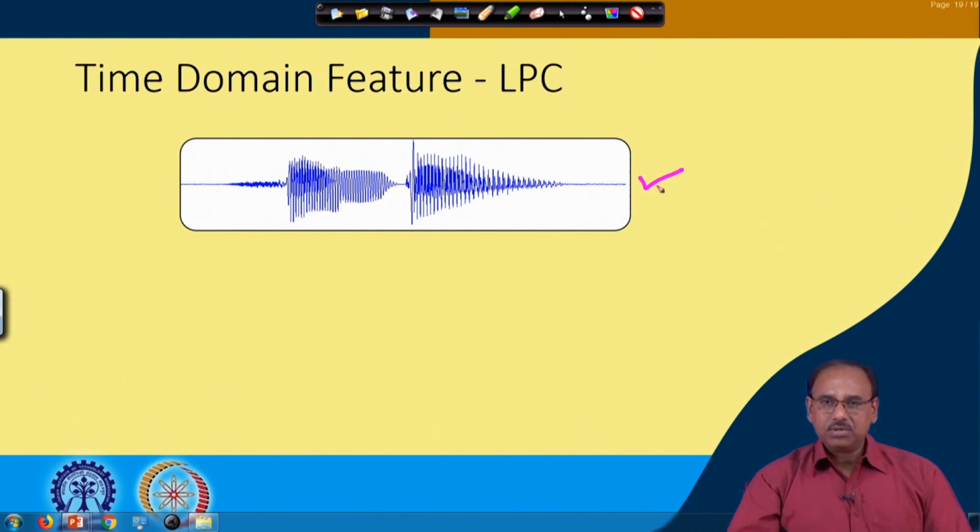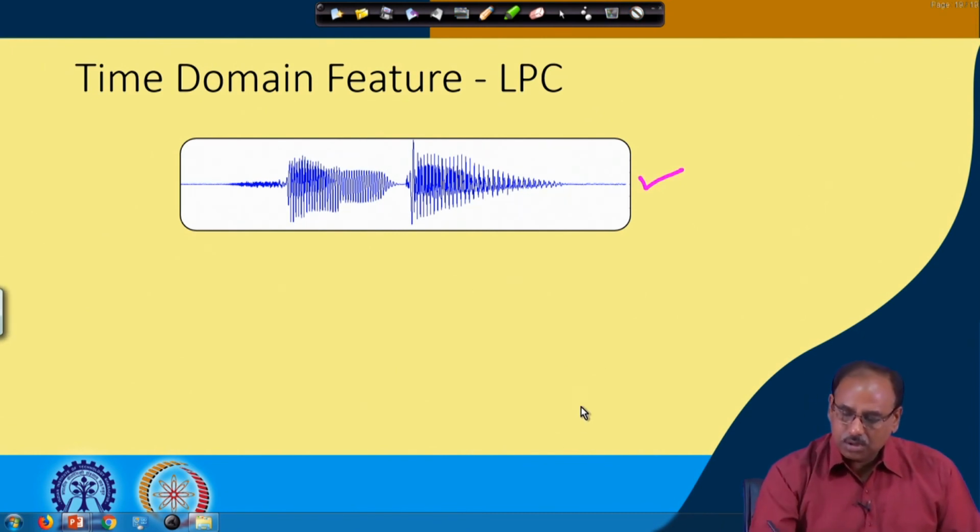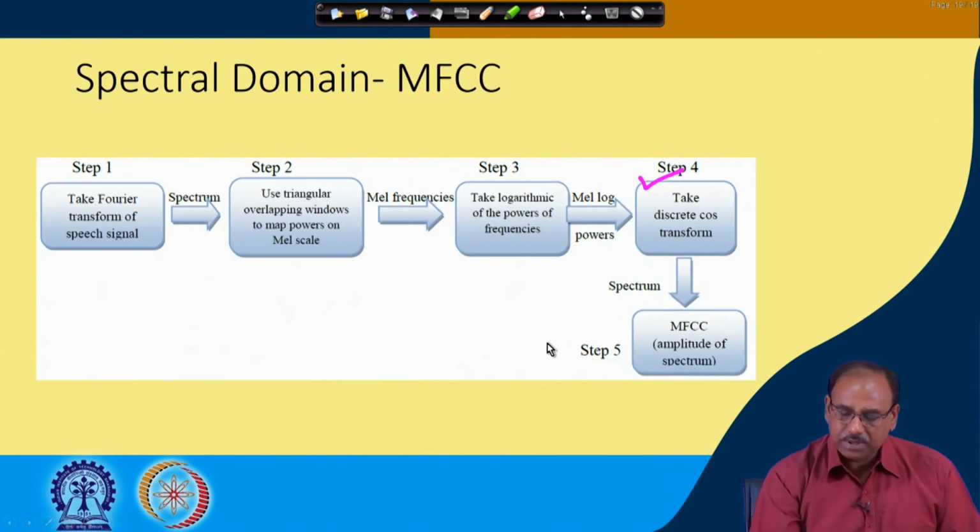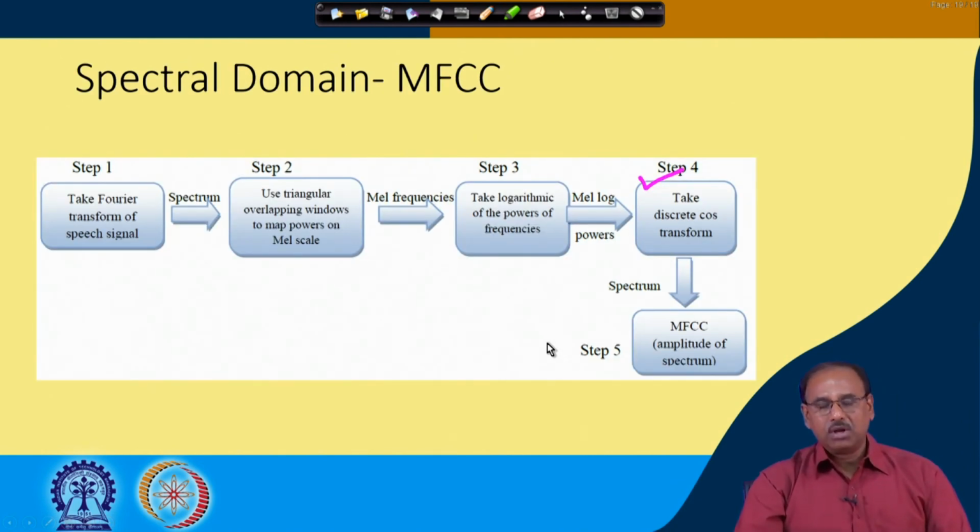So, even an audio signal can be represented in the form of a vector. One of the different types of vector representation is the well known linear predictive coding or LPC coefficients.